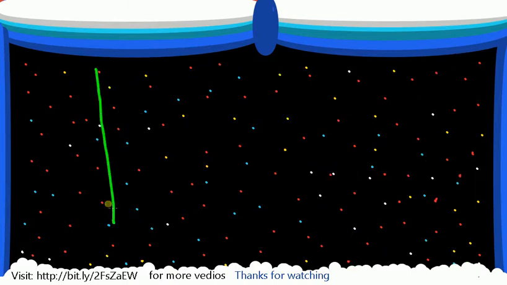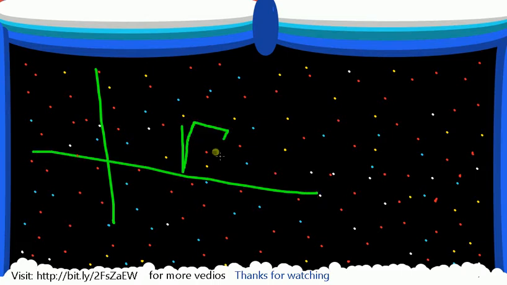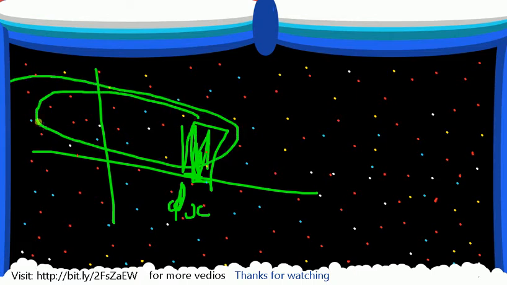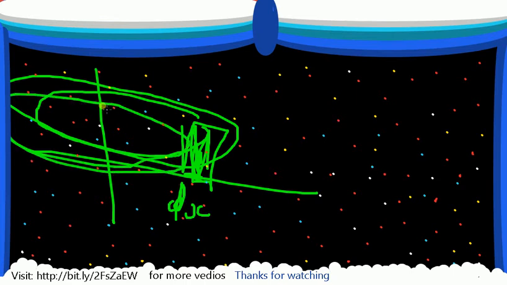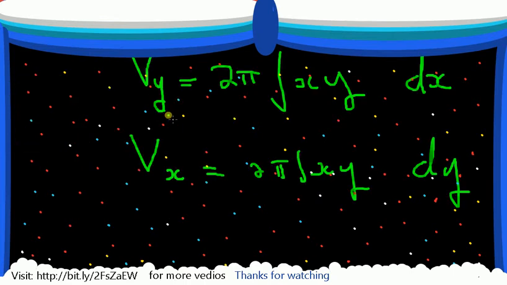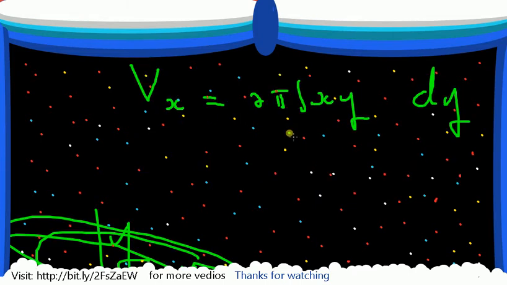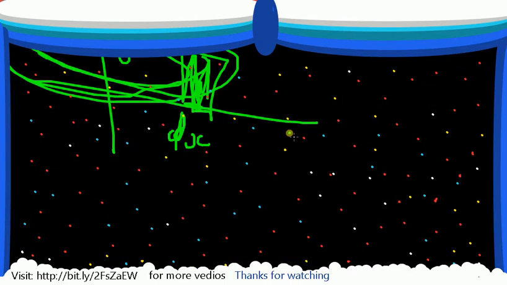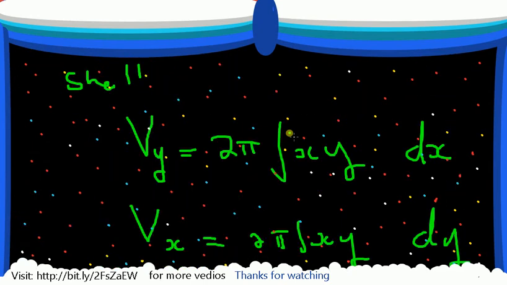A shell method is like this. The strip is the one that touches the x-axis, so for it to be a shell, it must rotate in this direction, in the y-axis. So this is how you find the difference between the two.